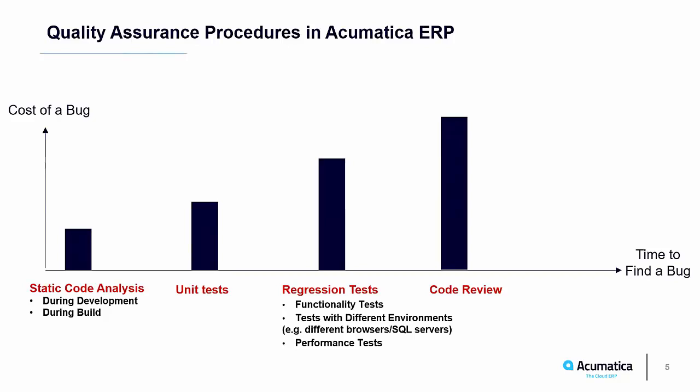For code review, we need humans and real developers to look at the code, and it costs more. But still, it is a very important part of quality assurance, because at this stage experienced developers can see potential future problems that unit tests or regression tests cannot find.